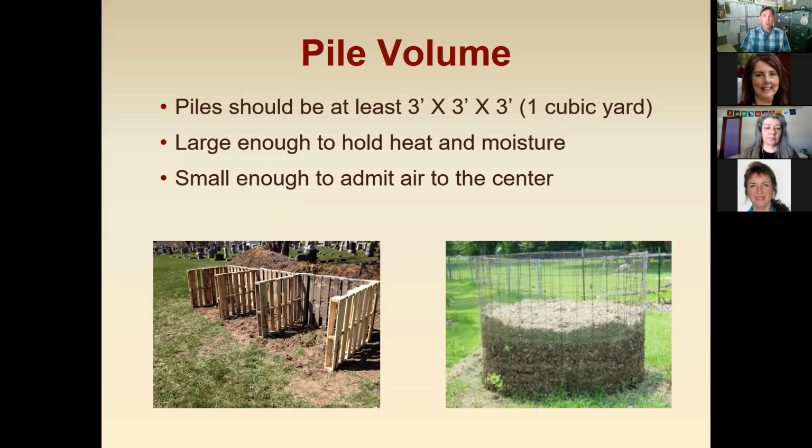But any more than that, you're going to be doing more work, maybe even with a tractor. You don't want anything so big that you can't even maintain. I know it's really tempting to make the most use out of a small space in your yard or garden, but try to make it between a cubic yard and 5 feet by 5 by 5.